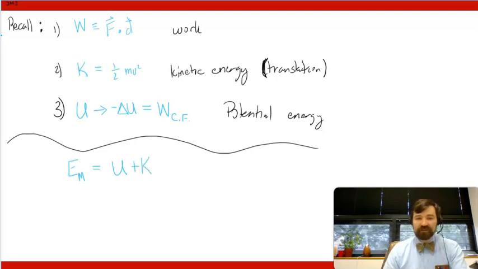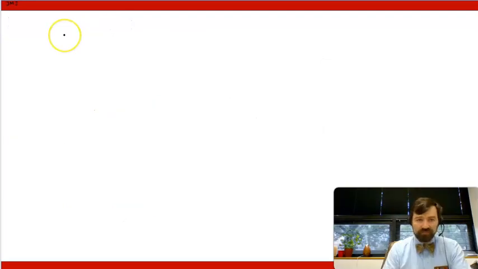And as long as there is no work done by non-conservative forces in the system, this quantity remains constant. So we could essentially say that delta mechanical energy is equal to work by non-conservative forces. Put differently, we have in some sense our law for conservation of energy.